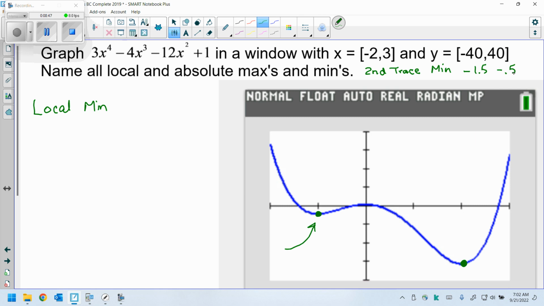And I can guess -1 if I'd like. Or I can just press enter again. It'll tell me what I get. And I'd like you to do the same thing here. And I'd like you to figure out what are those points. Let's find the points of local minimum. So press pause. Go ahead and do that.